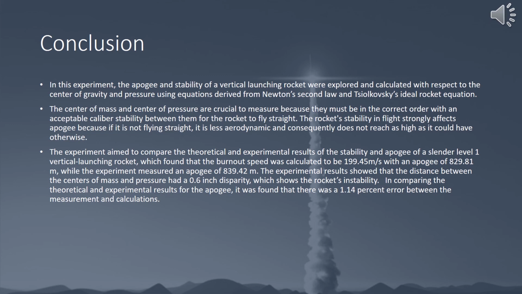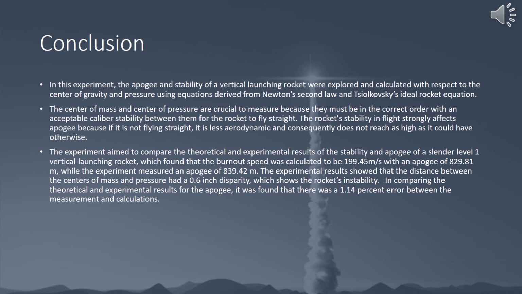The experiment aimed to compare the theoretical and experimental results of the stability and apogee of a slender level 1 vertical launching rocket, which found that the burnout speed was calculated to be 199.45 meters per second, with an apogee of 829.81 meters, while the experiment measured an apogee of 839.42 meters.